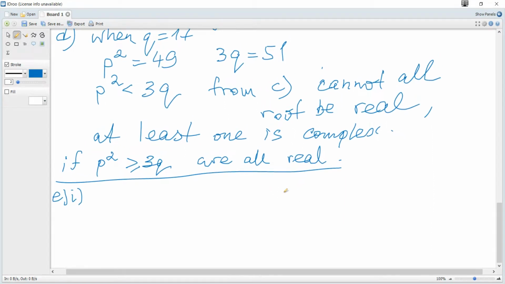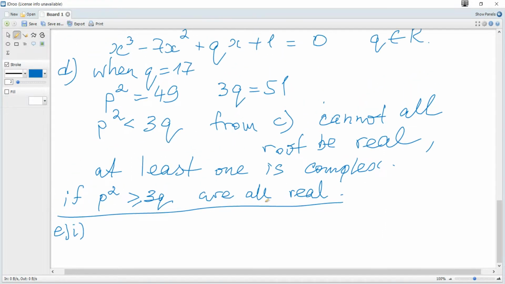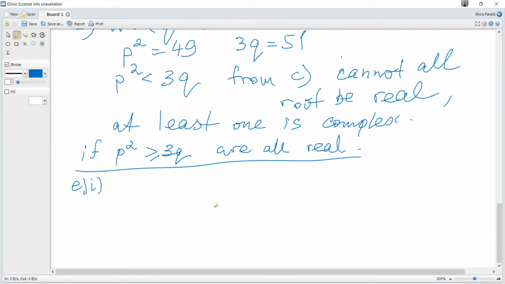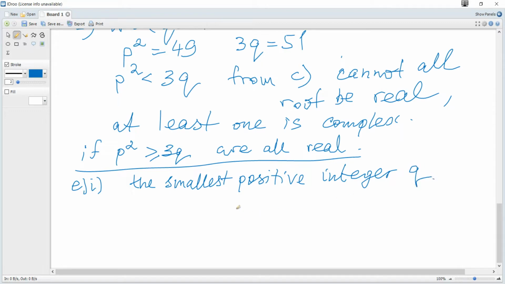And we need to show that for some q, this conjecture is not true. And we need the smallest positive integer value of q.